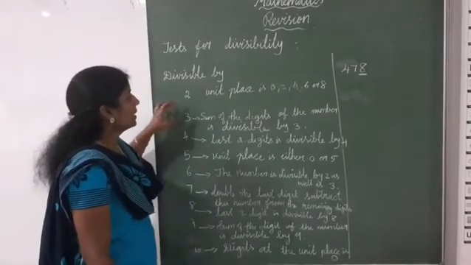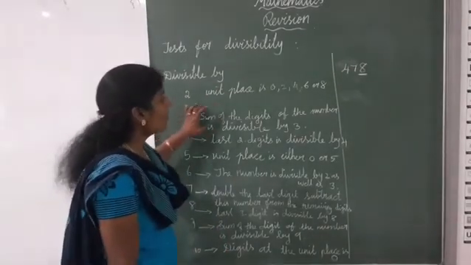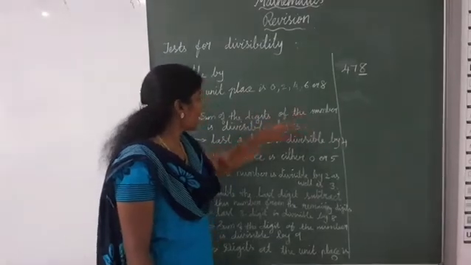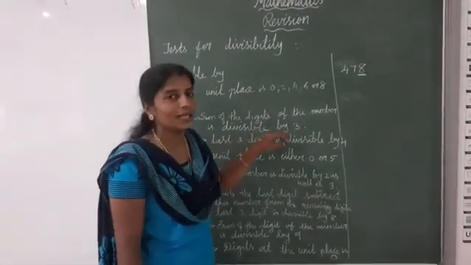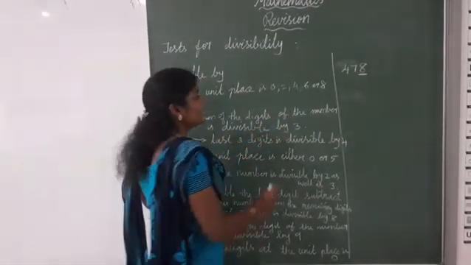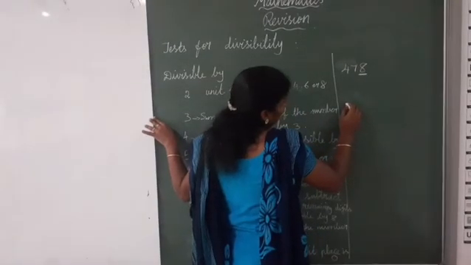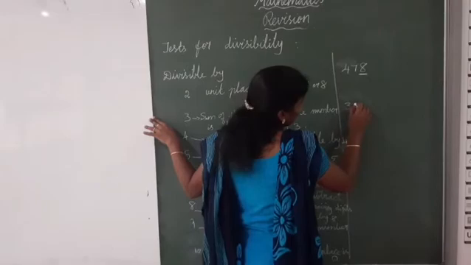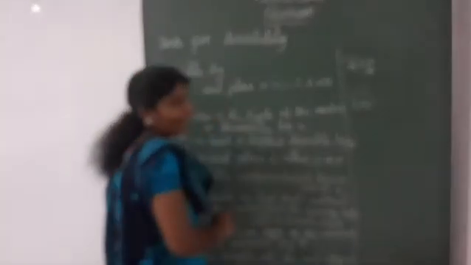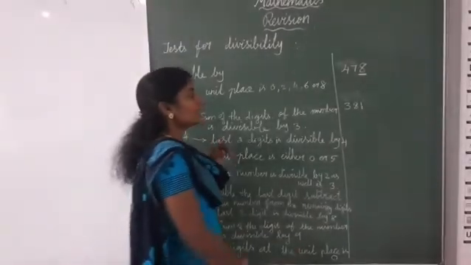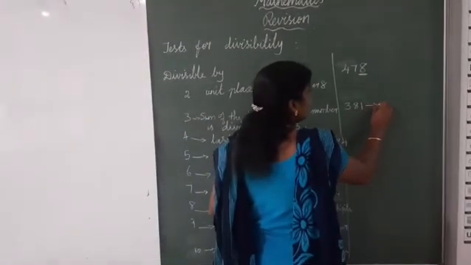Okay. Now, divisible by 3 means the sum of the digits of the number is divisible by 3. Now we add the digits. For example, 381. Is this number divisible by 3 or not?